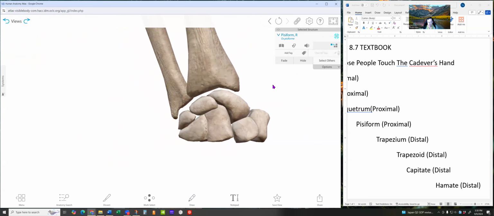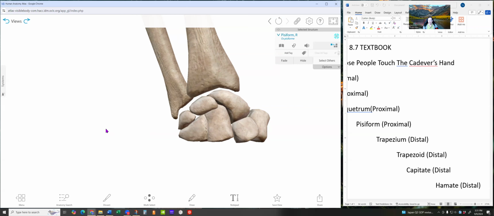You notice that all of a sudden, you can't see the pisiform. So if you can see the pisiform, you're looking at the anterior surface. If you cannot see the pisiform, you're looking at the posterior surface of the wrist.